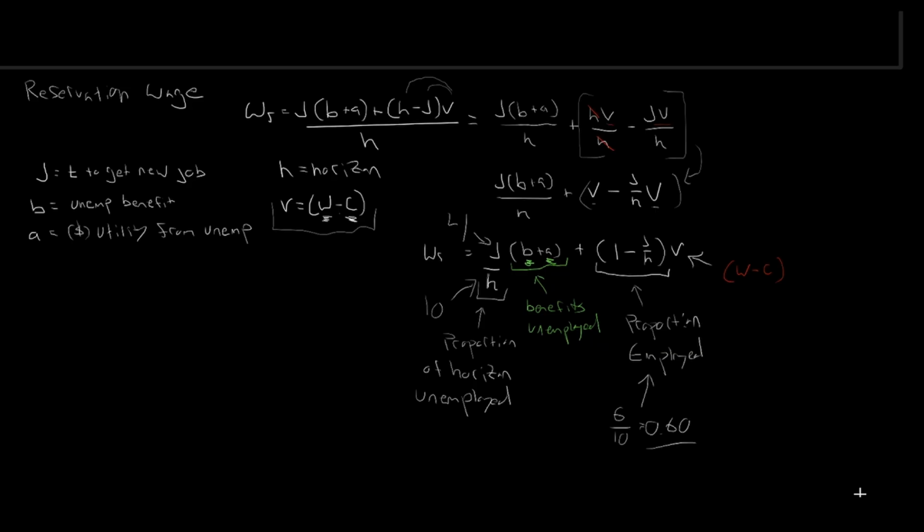Putting those two together would be saying at any time I could show up to the job that I currently have and earn my current wage, or you know what, I could not. And if I don't, my alternative is to be unemployed for some period of time, earning this, and then get a new job and earn this.